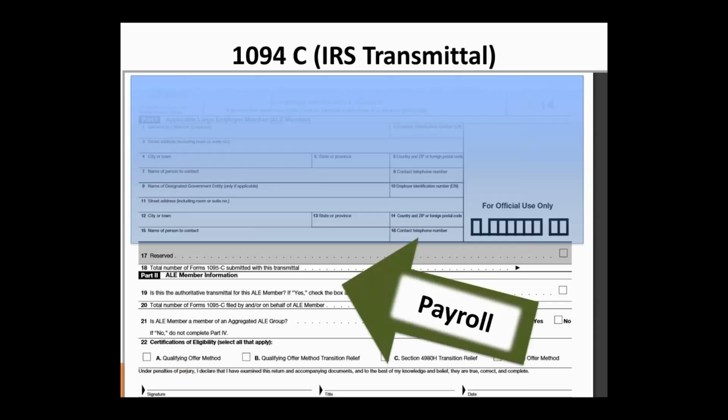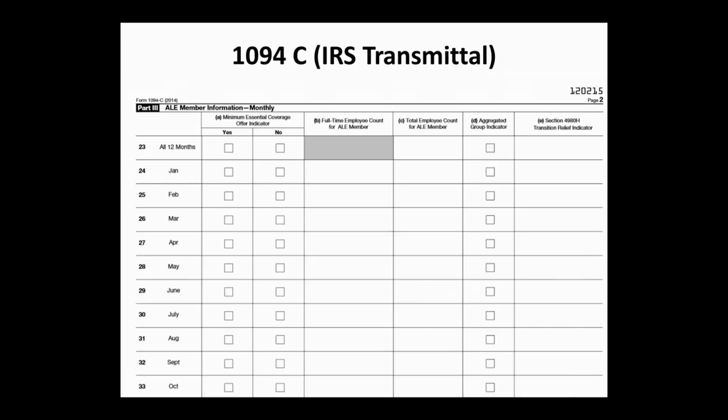And so 99.9% of the time, this box is always going to be checked yes. The only situation that you would check it as a no, an example I was given: if you think of one EIN, and maybe you have one location that's using one payroll provider, and the other location is using a different payroll provider, or maybe you're doing it in-house, but both of those entities submit individually, and now remember they're under one EIN.